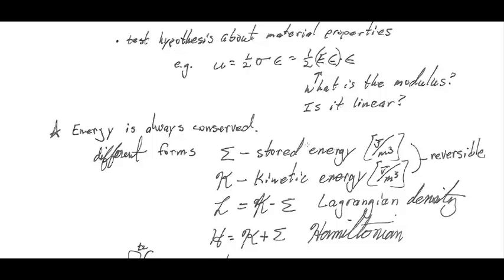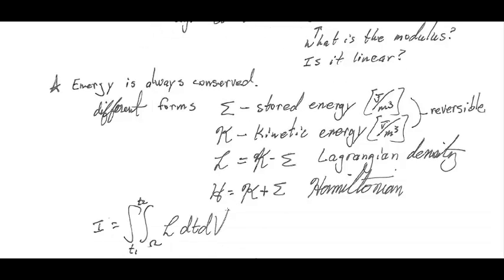In other cases, we're dealing with dynamics, so we have kinetic energy, and particularly what I'll focus on here is what's known as the Lagrangian density. That's taking the kinetic energy minus the stored energy, and we use that as another form of the combined energy. You may also see the Hamiltonian used. Either way, you will arrive at a set of balance equations that are self-consistent and can be used to study materials.